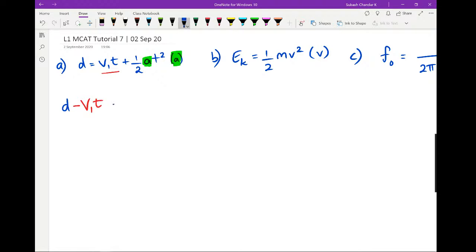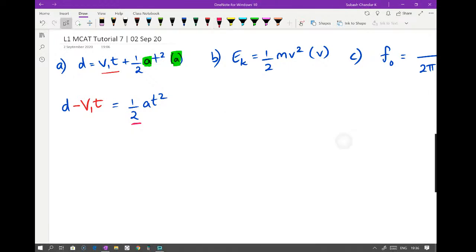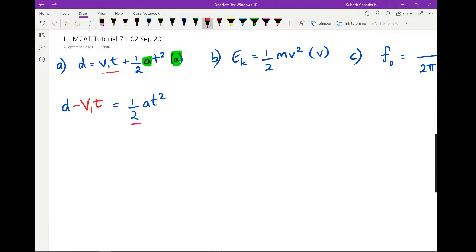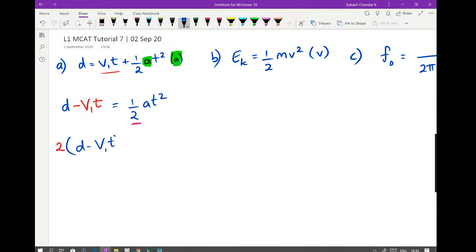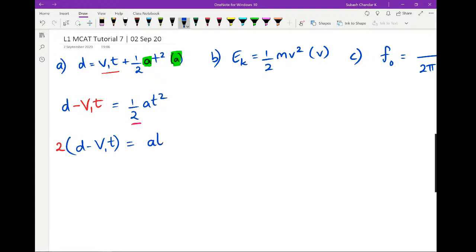Now this is all equal to half at squared. The next thing I want to get rid of is the 2. So I'm going to take the 2 across to d minus v1t. And when I do that, it's going to end up looking like this: 2 multiplied by d minus v1t equals at squared.